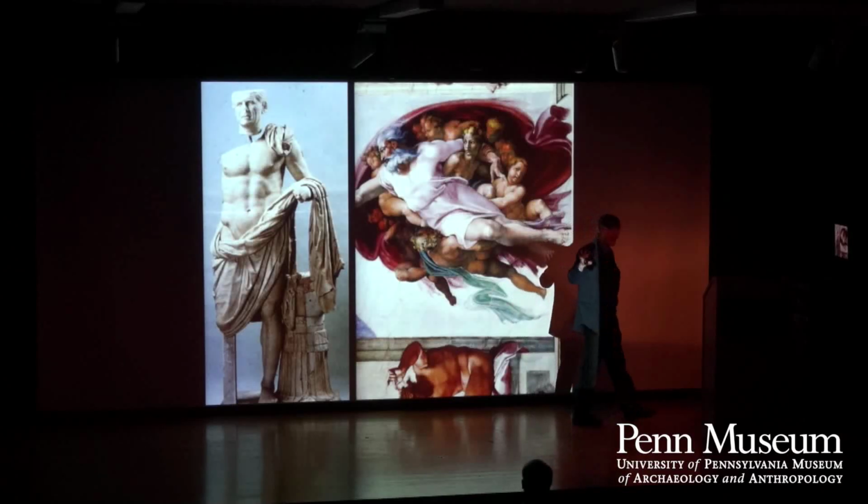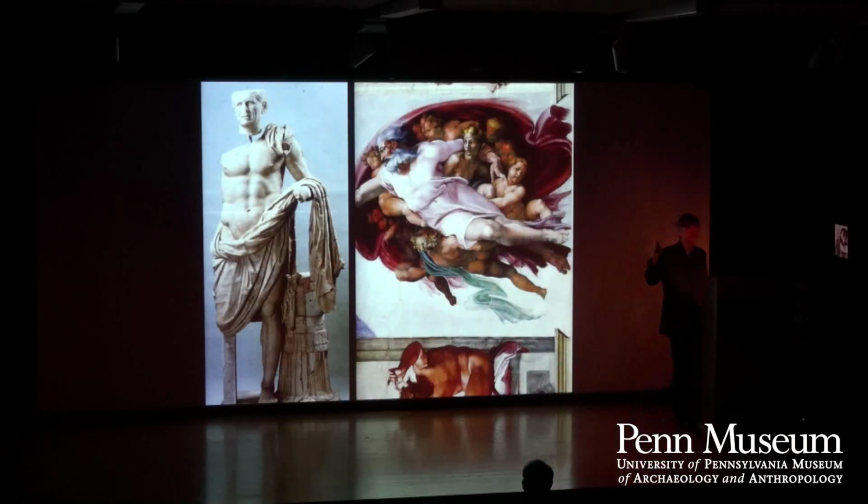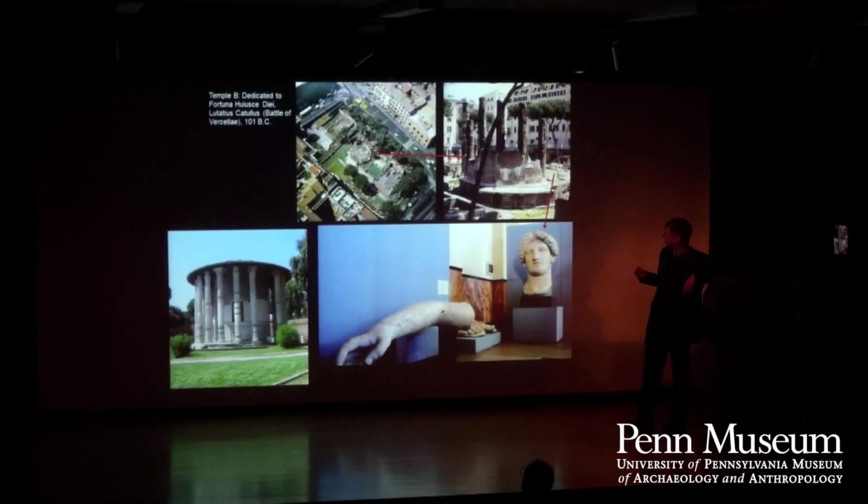But the concept, the sense of a gap between the ages of head and body, are the same as what you see in this image of the so-called general from Tivoli just outside Rome.